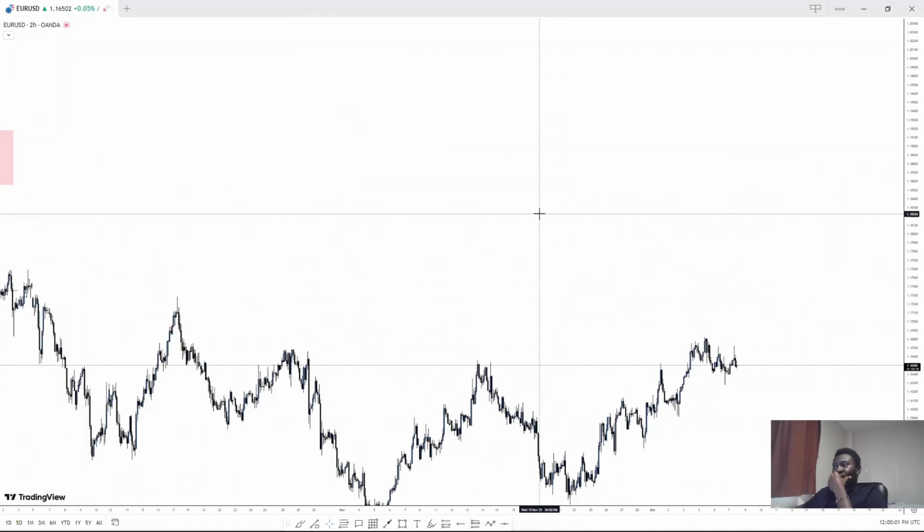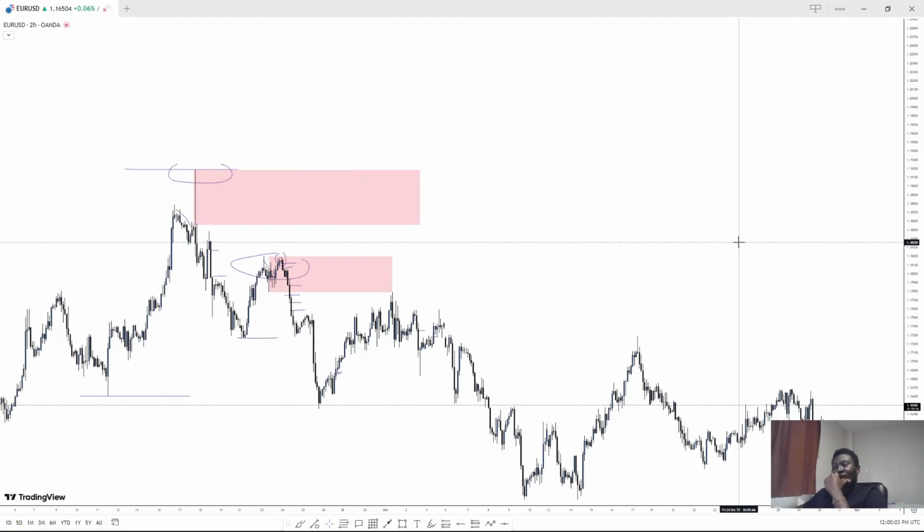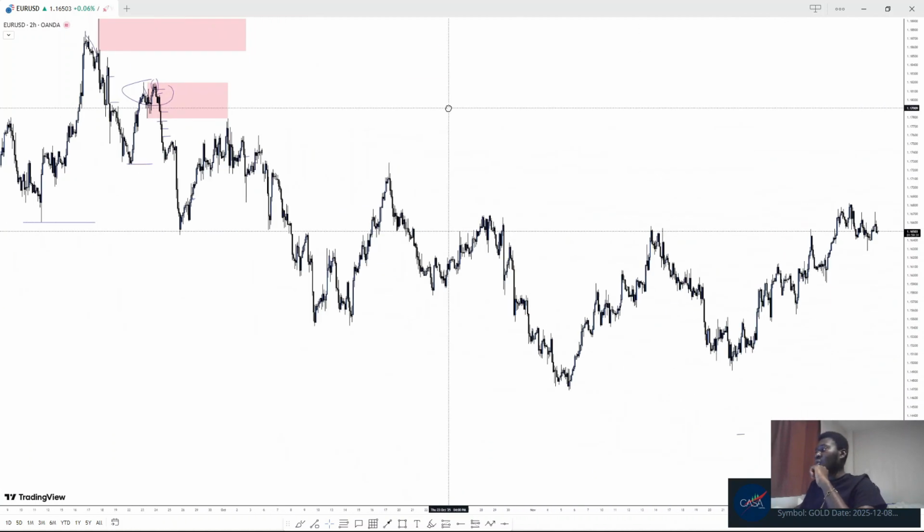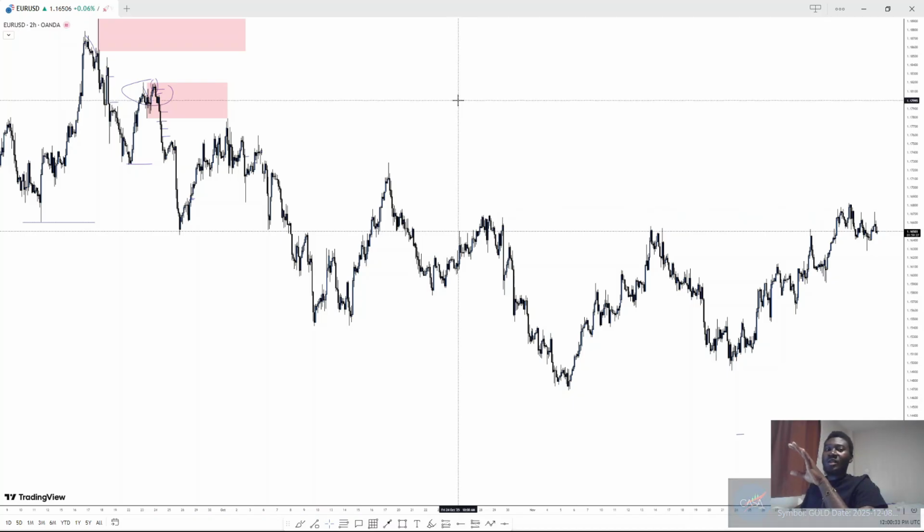So you've learned how to draw your POIs. Now, classification is when there's a sweep. The requirements are long imbalances, a break of structure, and a sweep. Yes, so all these are requirements. Now that you understand how to do this, I'm coming to show you how to read this with how we are going to trade the market.